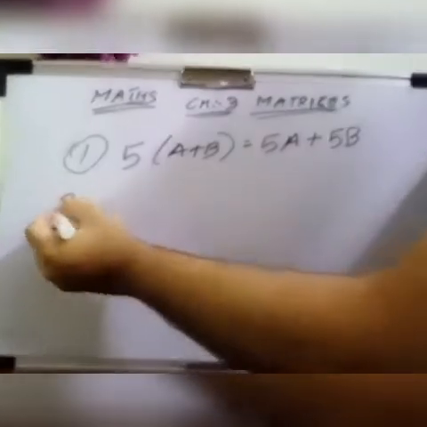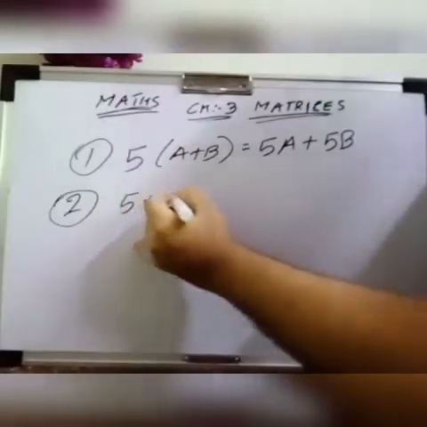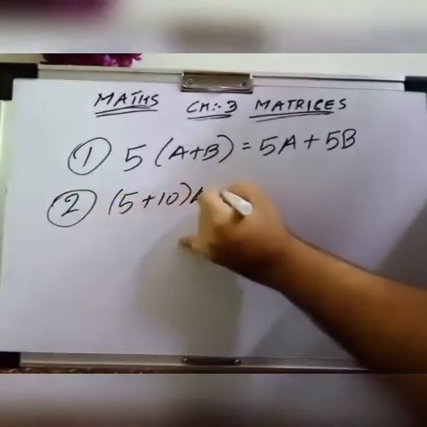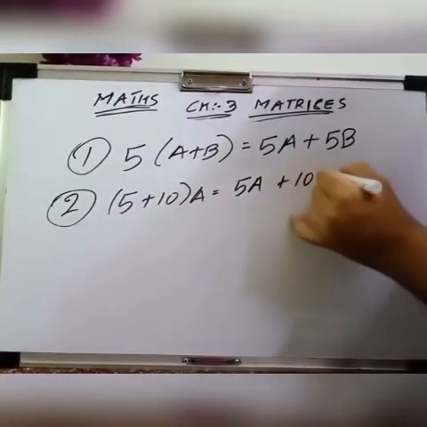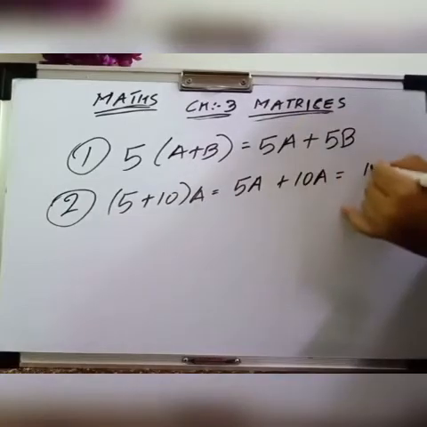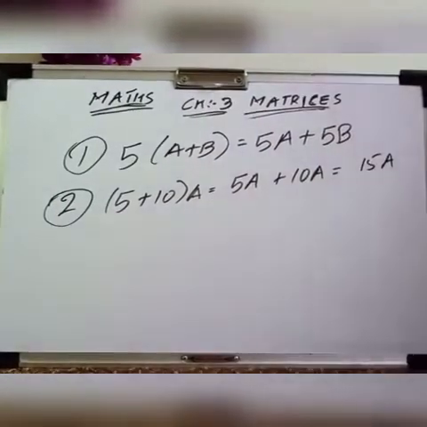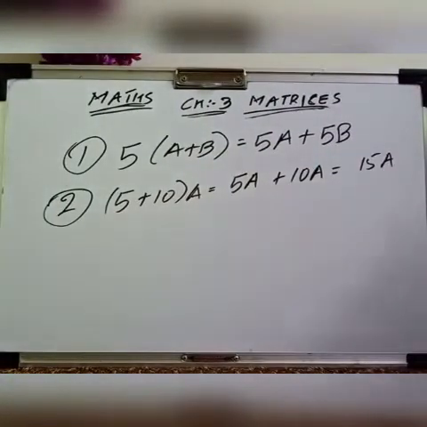One more property is that (5 plus 10) into a matrix can be written as 5 into A matrix plus 10 into A matrix, or you can simply write it as 15 into A, right? So these are the two properties associated with matrix multiplication, that is, by a scalar.